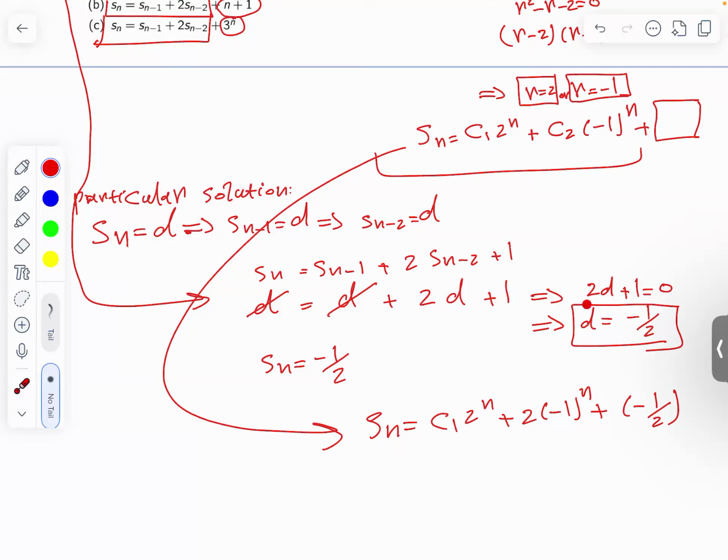So then we will solve accordingly. If it's 2, this will be 2, this will be 2, then D will be minus half. So this will be minus half, minus 1.